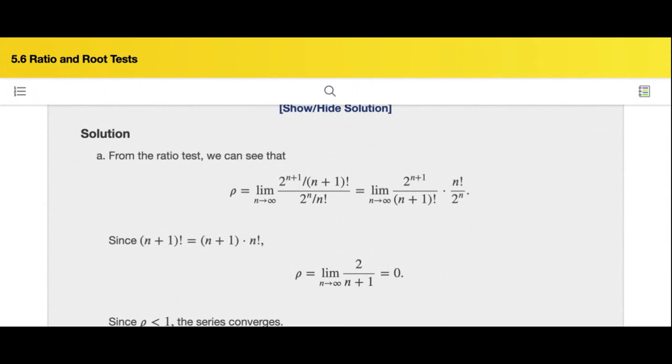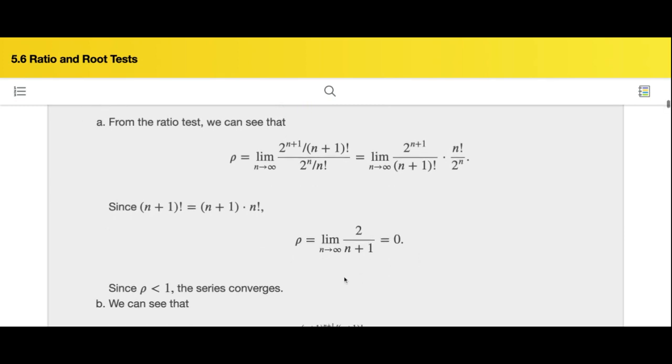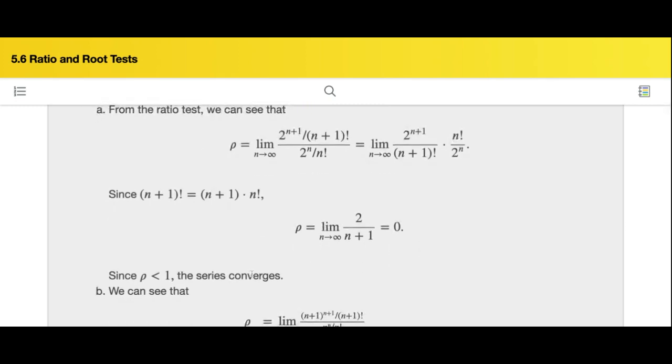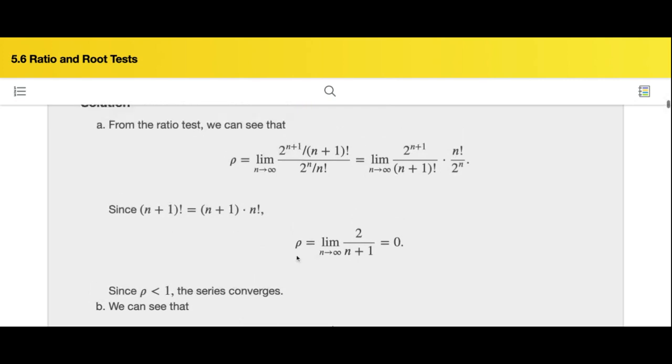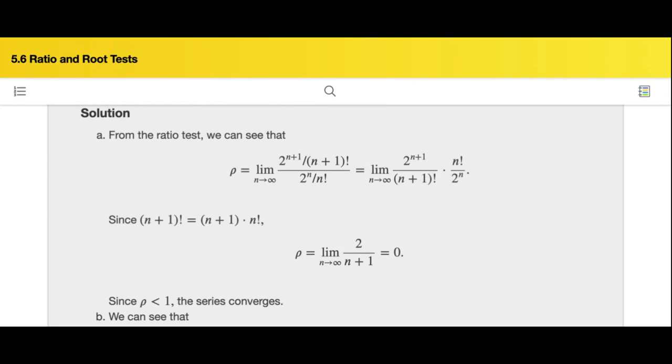Then the rest is just algebra, right? So we get 2 over n plus 1. Then we take the limit as n approaches infinity. So this does equal 0. And so this series converges, and it converges absolutely. Well, this is not an alternating series, so we just say converges. If it's an alternating series, we say converges absolutely. Okay, anyone has any questions?